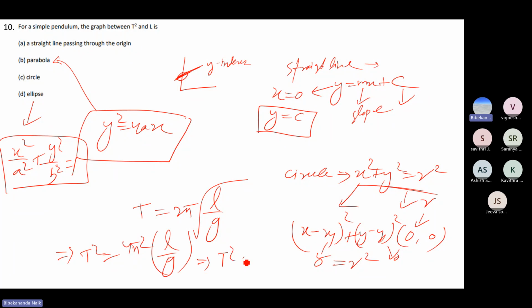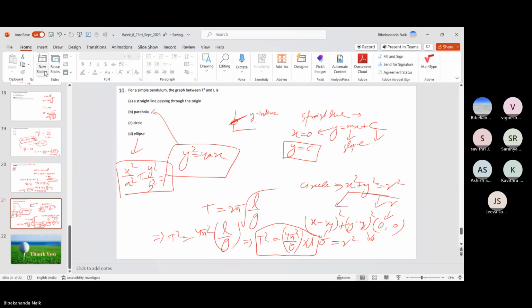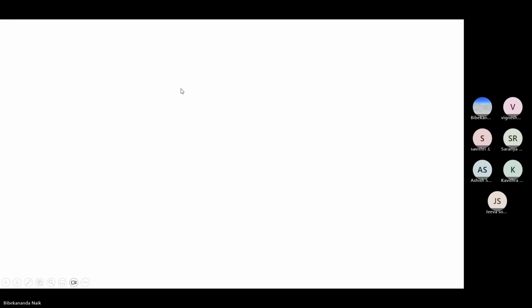So T square equal to 4 pi square by g into L. So what we get? T square is 4 pi square by g into L.